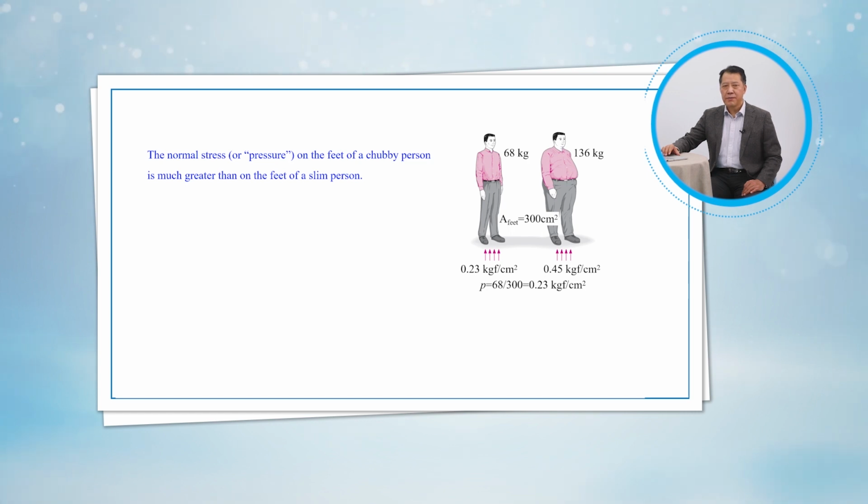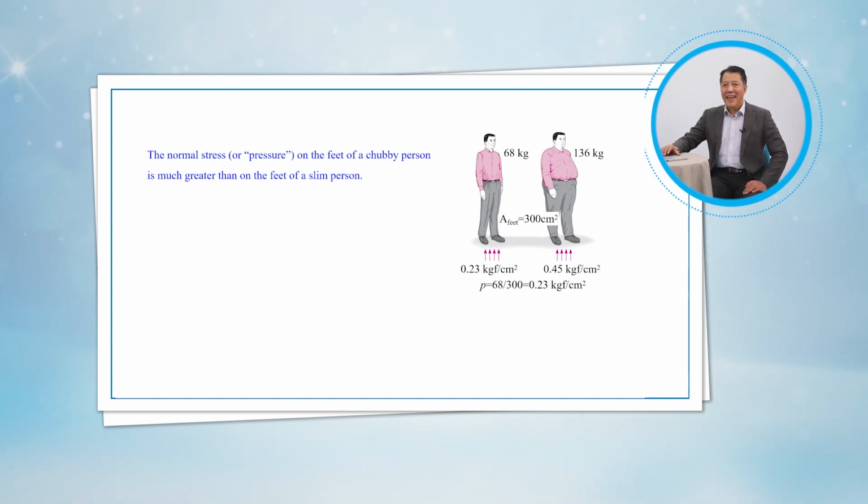For example, a 136 kilogram person with a total foot imprint area of 300 square centimeter exerts a pressure of 0.46 kilogram force per square centimeter on the floor. If the person stands on 1 foot, the pressure doubles.